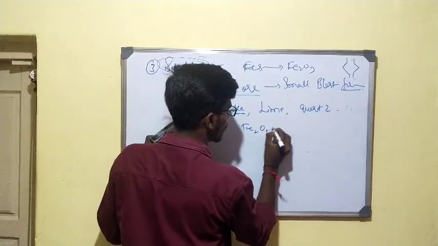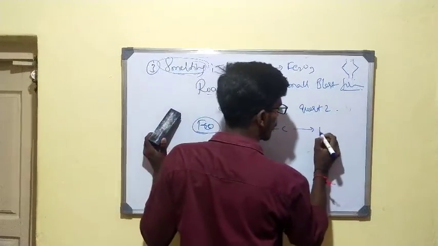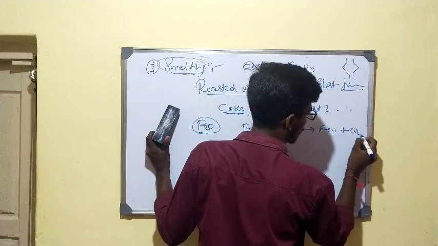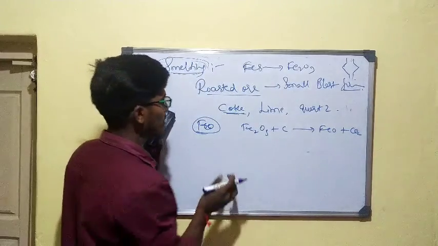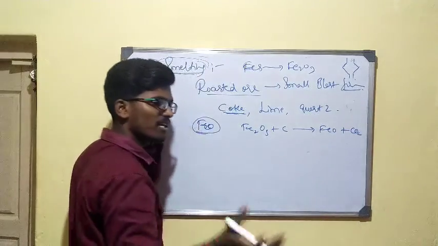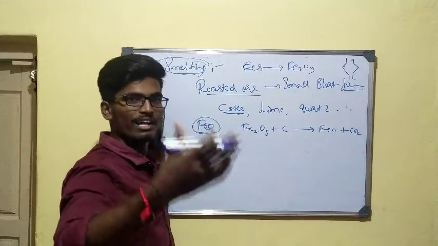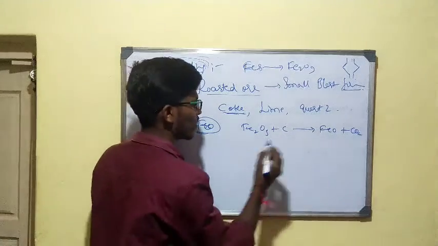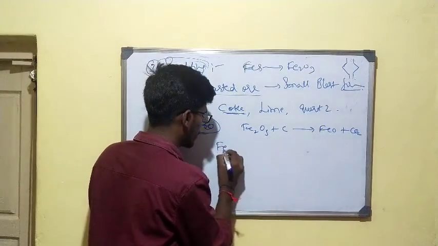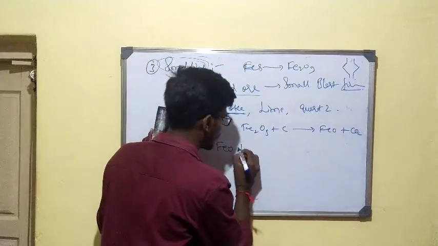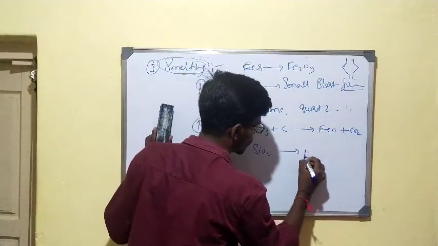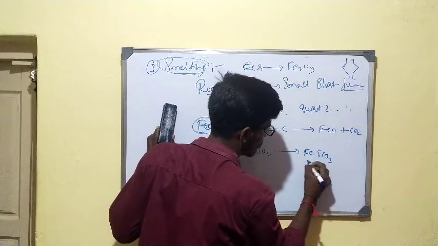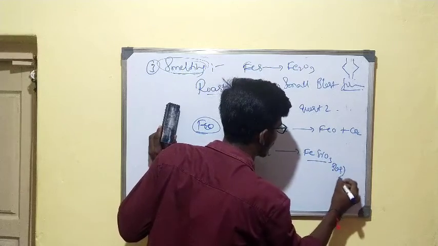This Fe2O3 can be reduced by coke to FeO plus CO2. All the FeO, that is, all the iron oxides or ferrous oxide formed in roasting, combines with silica to lead to the formation of iron silicate. This is iron silicate, and this is called slag.